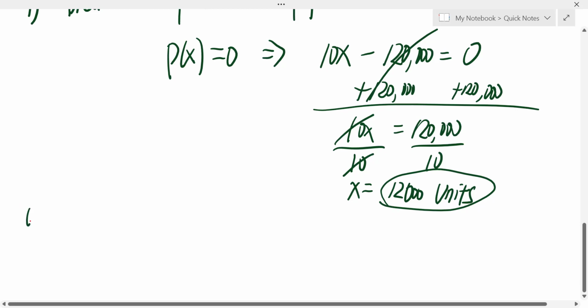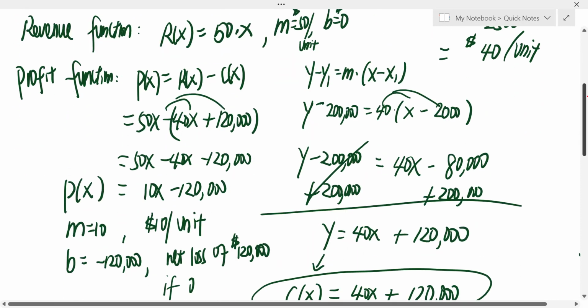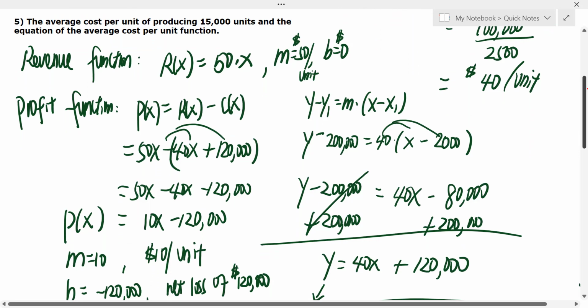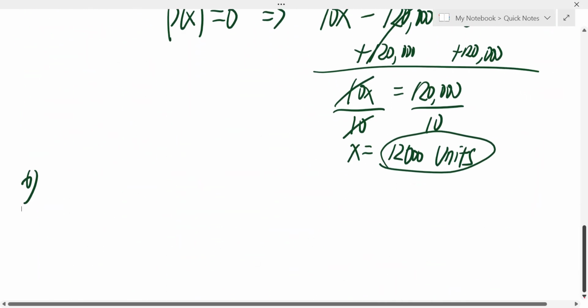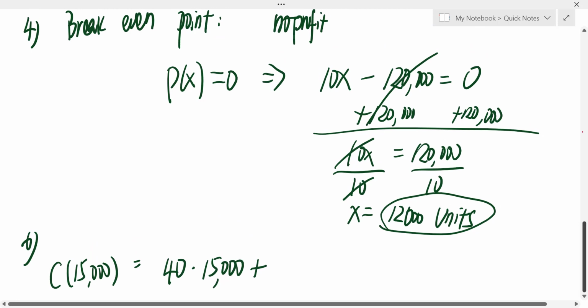And the last part, part 6, you want to find out the average cost per unit for producing 15,000 units, and then the overall average cost per unit function. You need to know, for producing 15,000 units, what is total cost? 40 times 15,000, adding 120,000.